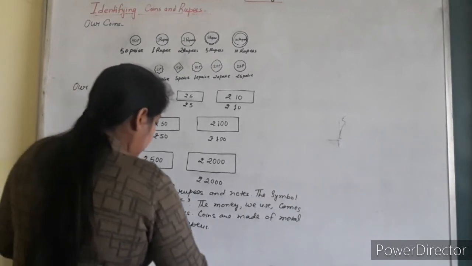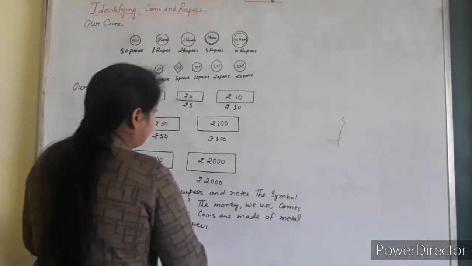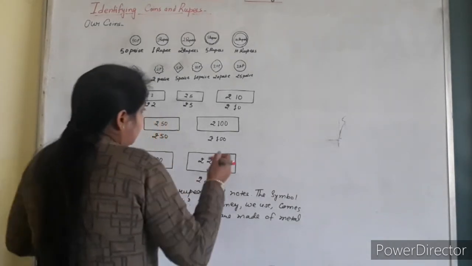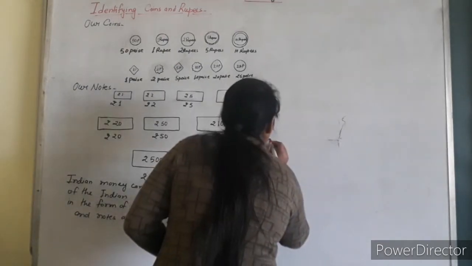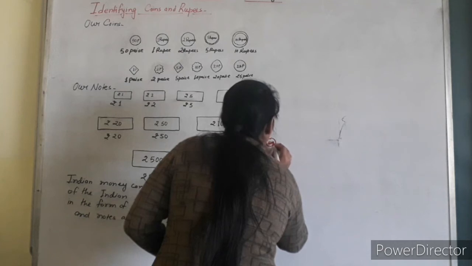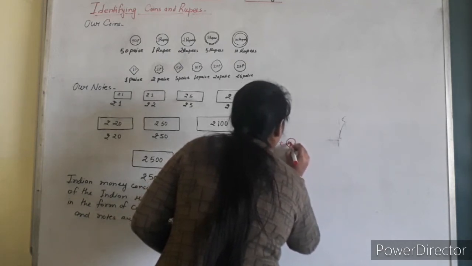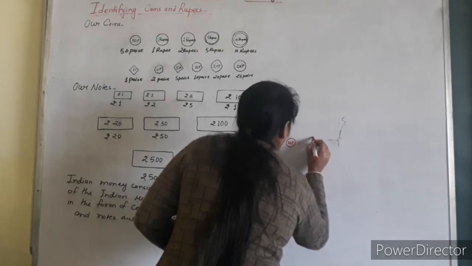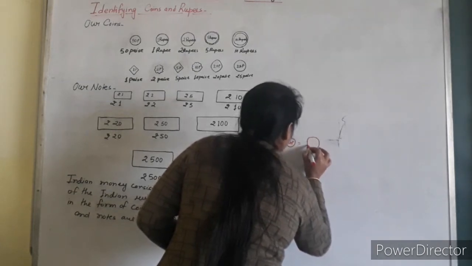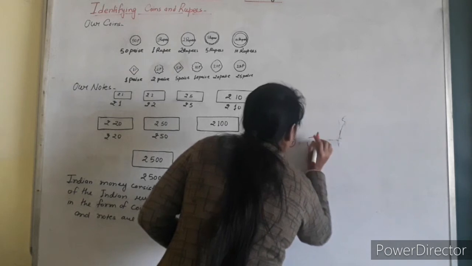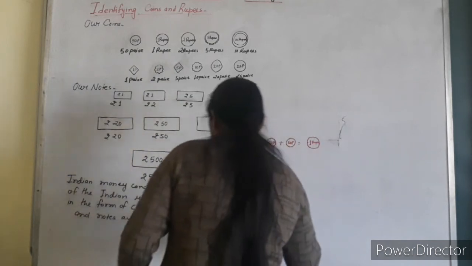Okay. So see, I am going to show you one thing. If we take 50 paise, 2 of 50 paise make 1 rupee. Okay.